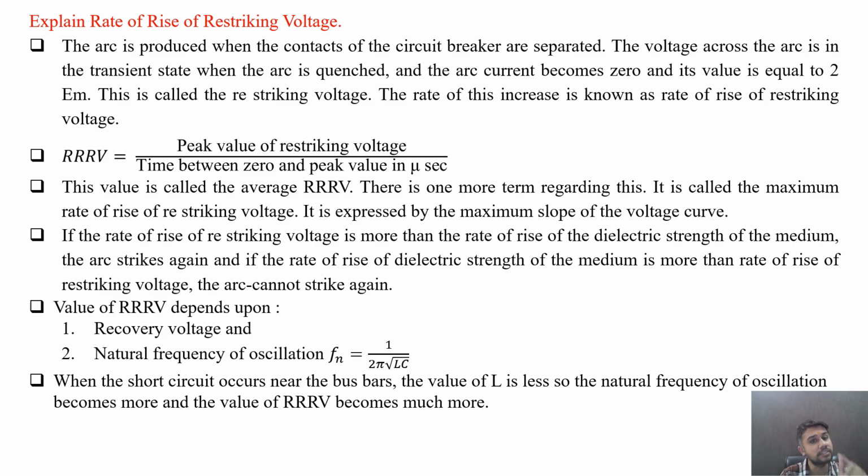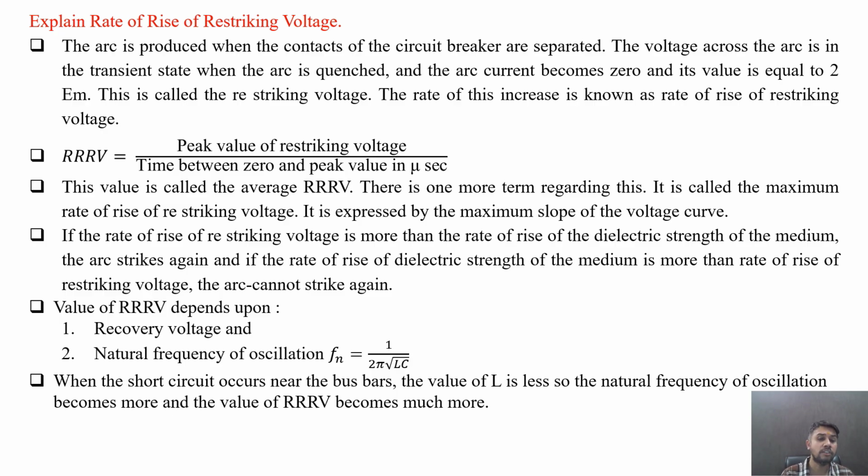This statement is Slepian's theory. The value of RRRV depends upon the recovery voltage, that is, the value of the voltage when the arc is just quenched at the natural zero current, or when the arc current is forced to zero.